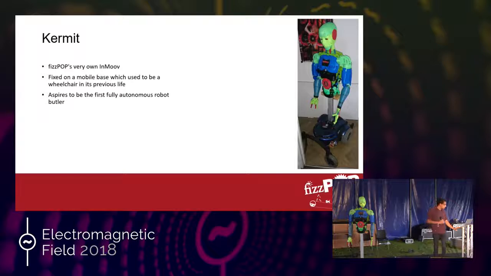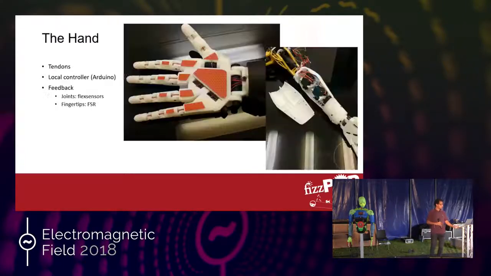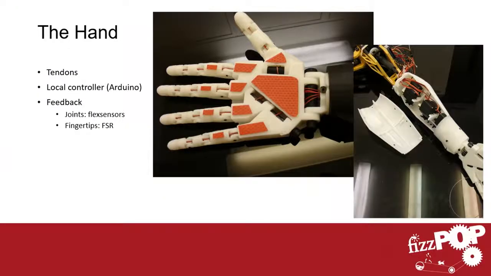I will speak about printing it the same way the files were published. So the very first part of the files that were published back in, I think, 2011, were the parts for the hand. Now for my design, I followed the instructions pretty much the same.